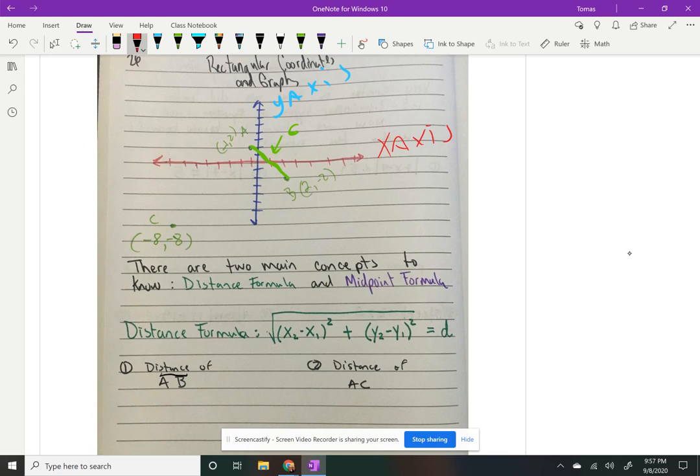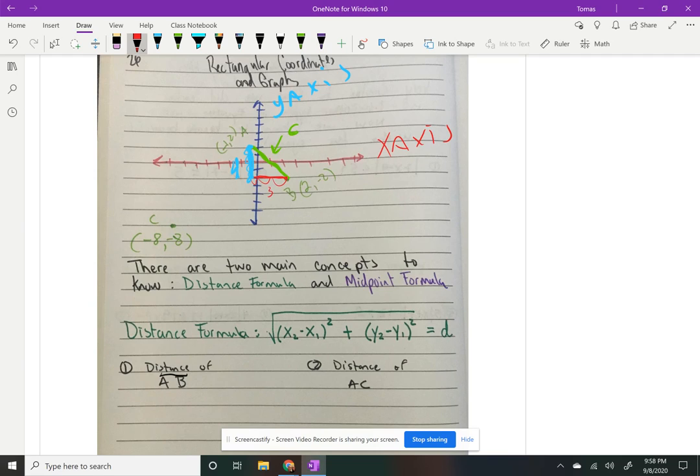If I start at this point and go straight across, I can find a base and a height, and this forms a triangle. From this point to this point, if I count, 1, 2, 3, 4, I have 4 right here. And if I count the red, I get 1, 2, 3.